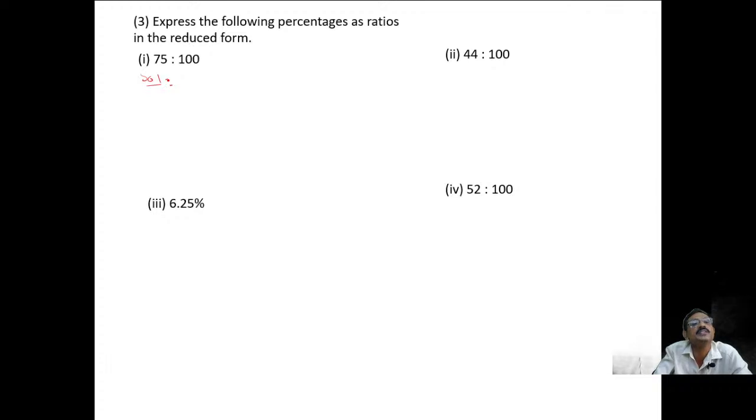First, let me write this. 75 is to 100. How do we write this? 75 is to 100. We take 75 upon 100. Okay. Now what is important here? Very, very important here.